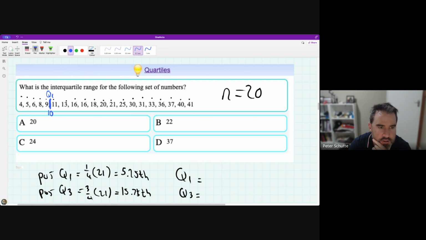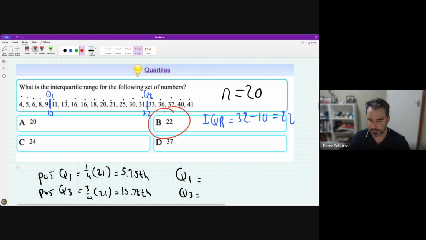Okay, so 2, 3, 5, 6, 7, 8, 9, 10, 11, 12, 13, 14, 15, 16. So Q3 is sitting here, and that should be a value of 32. So my IQR is 32 minus 10, which is 22, which is going to be B.